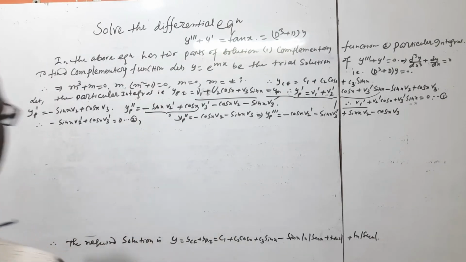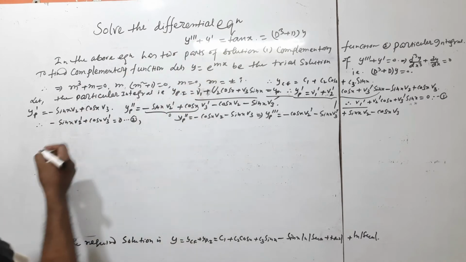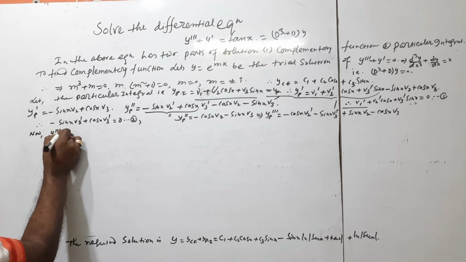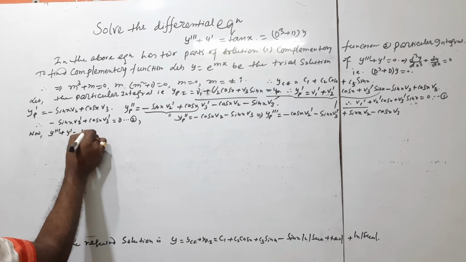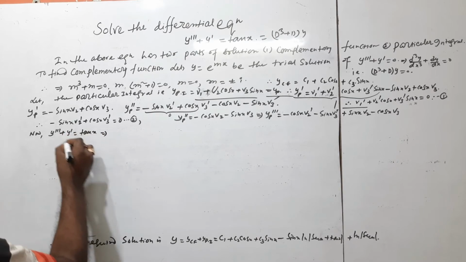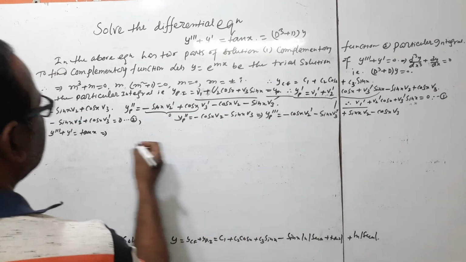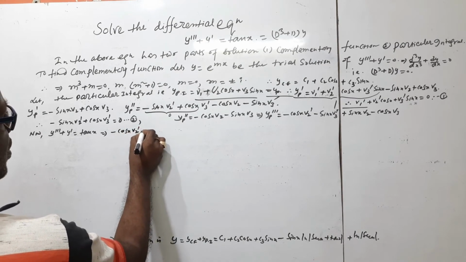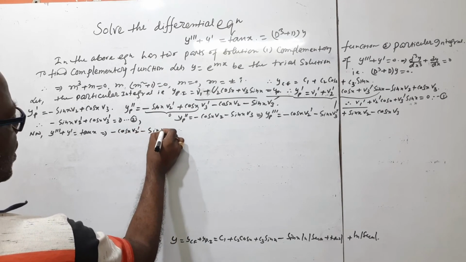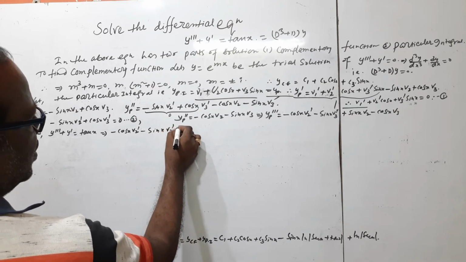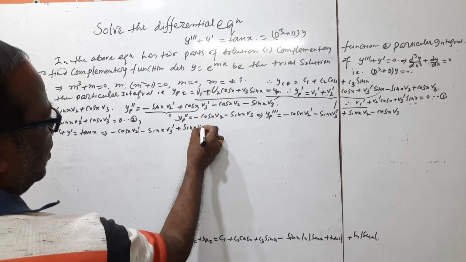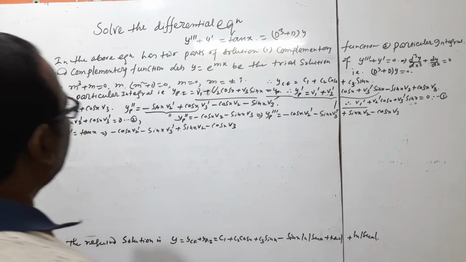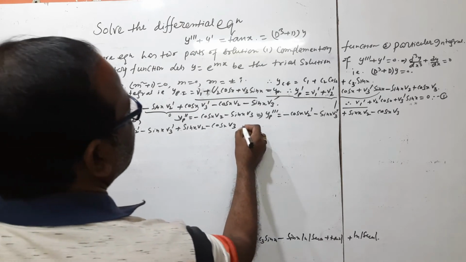Now from the equation y triple dash plus y dash is equal to tan x, y triple dash is minus cos x v2 dash minus sin x v3 dash plus sin x v2 minus cos x v3, and plus y dash.